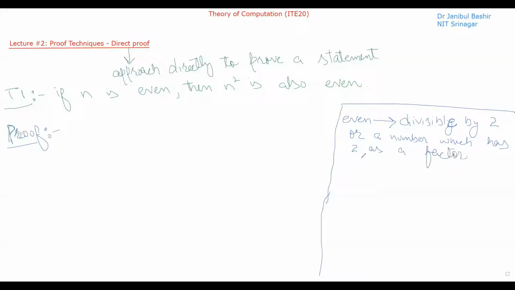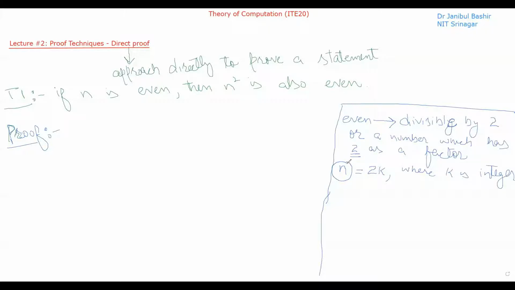So if I have a number n, and if this number is even, then I can write this particular number as 2k, where k is an integer.